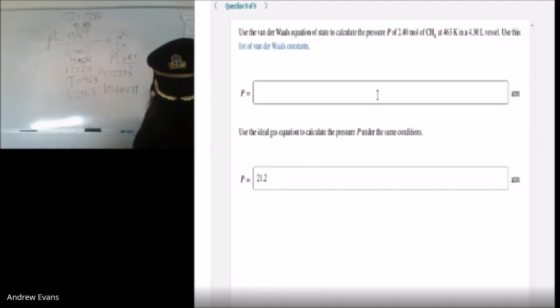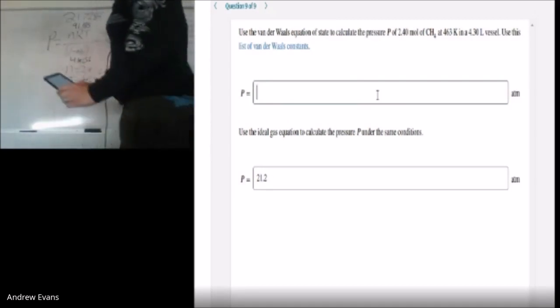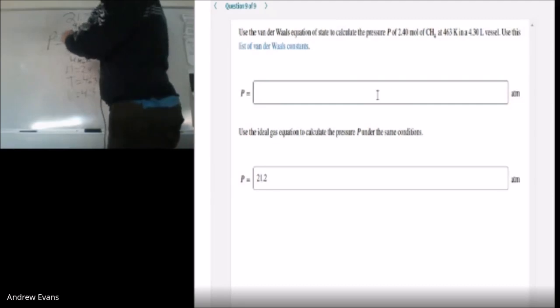So 2.273 times 2.4 squared divided by 4.3 squared gives us, minusing, 0.708. So this is negative 0.708. We'll say 0.708.